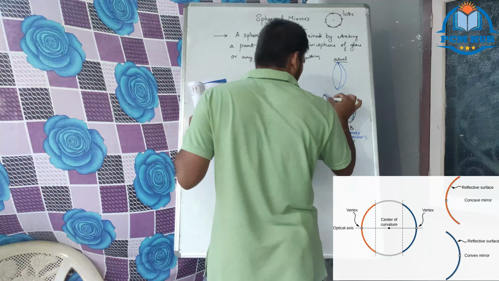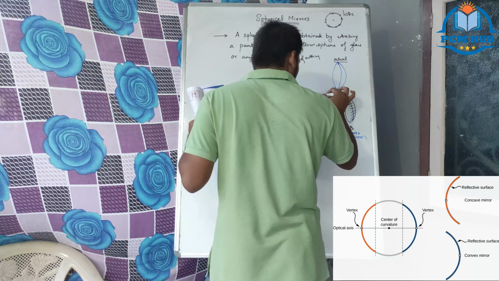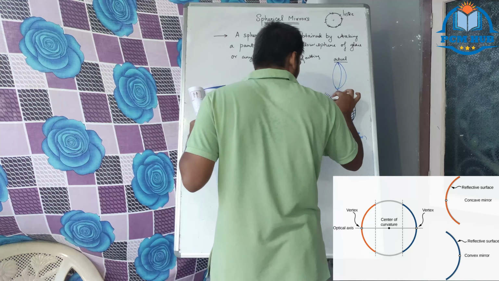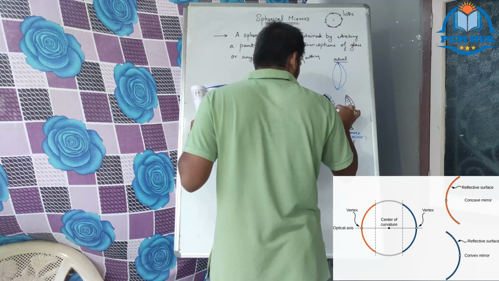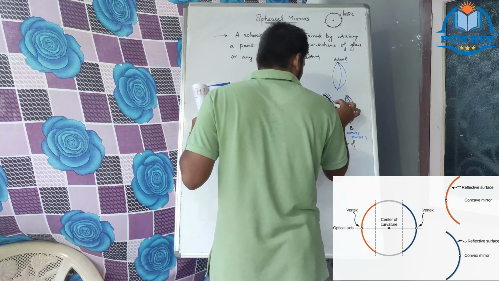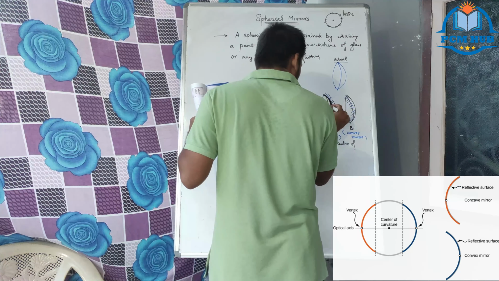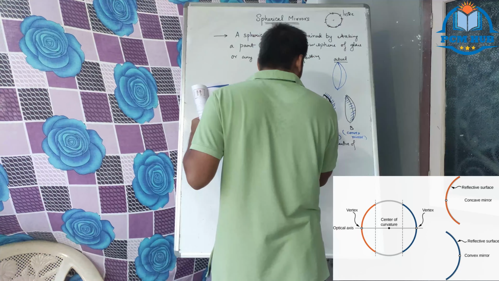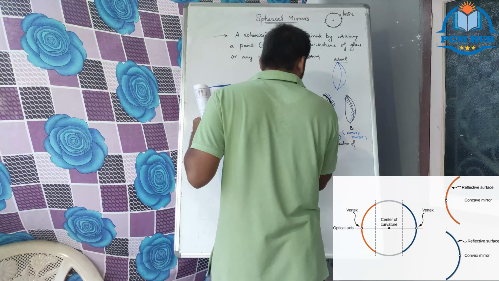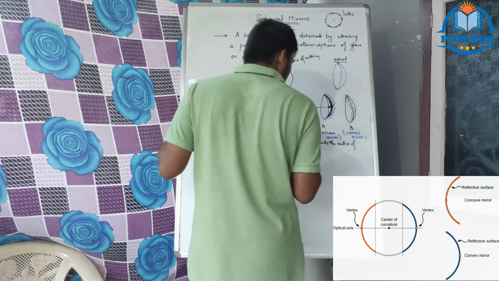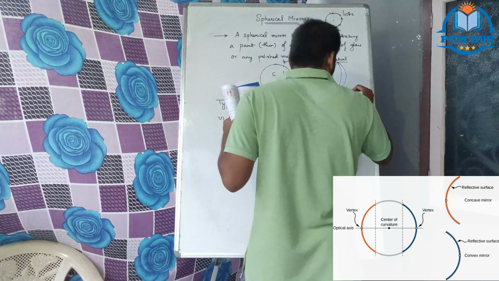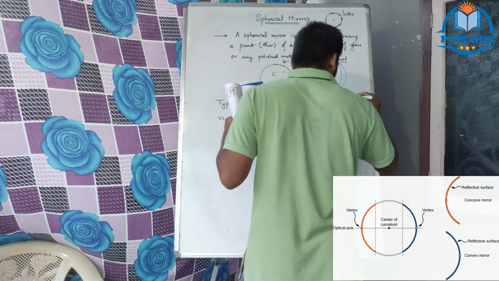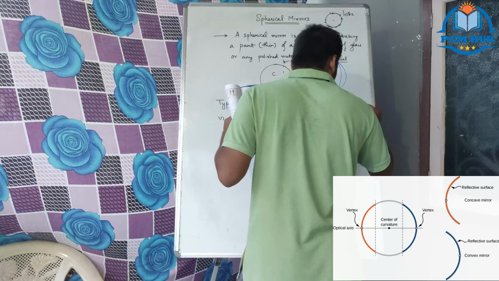So here in the concave mirror, this inside one will become the reflecting surface. I am only writing what is the reflecting surface. Now here it will be the outside one, with a light thickness also like this.